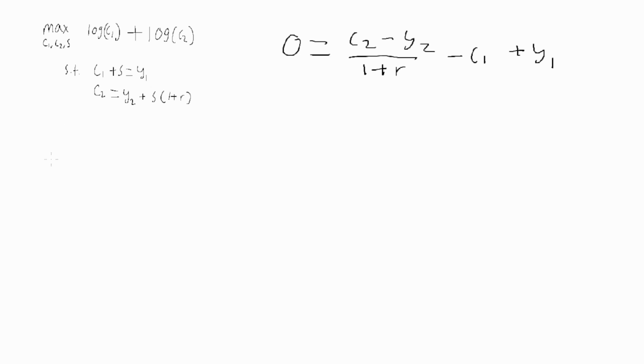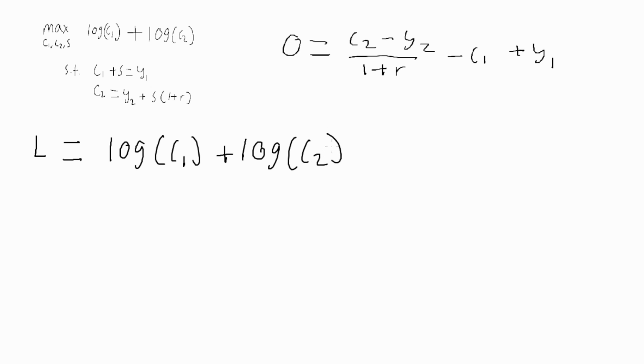Okay, so now we're ready to write the Lagrangian multiplier equation. So this is how it will look. L is equal to, and then we just rewrite our utility function given in the model. So L is equal to log of C1 plus log of C2.